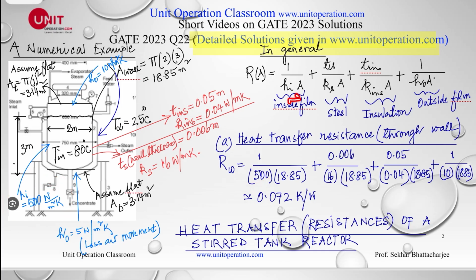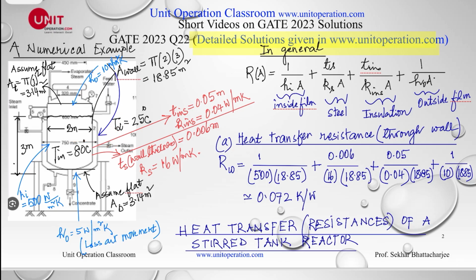This is the area, and this is the thickness of this one right here. Steel wall, and that's a k of 16 here, and that's the area 18.85 meters square. Similarly for the insulation, and similarly for the outside air. And that is the resistance due to heat transfer along this direction.